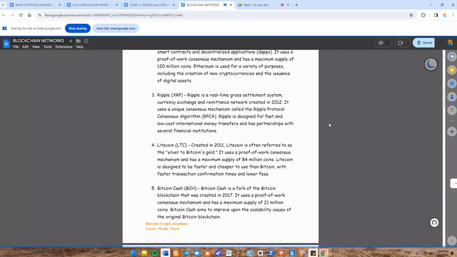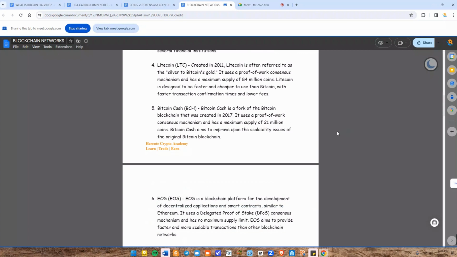So Bitcoin Cash is a fork of the Bitcoin blockchain that was created in 2017. It uses the proof of work consensus mechanism and has a maximum supply of 21 million, just like Bitcoin. Bitcoin Cash aims to improve upon the scalability issues of the original Bitcoin blockchain. Now, you can see this happened in 2017.